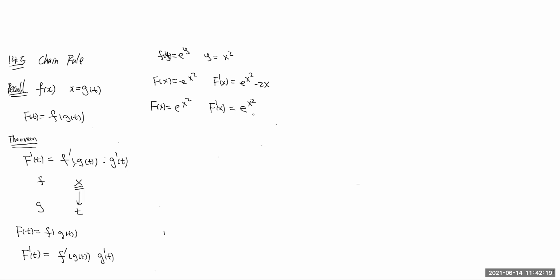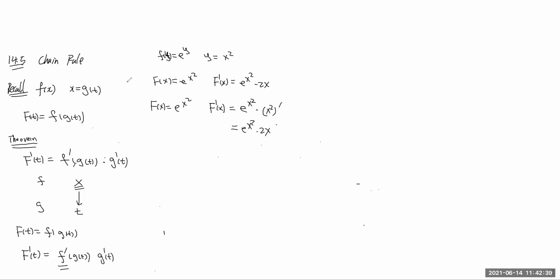This is the outer one. And then you have to differentiate the inner function, so it's e^(x squared) times 2x. It's kind of like peeling an onion, from outside to inside.